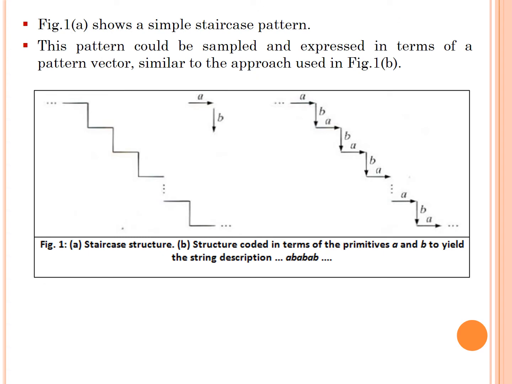Here, figure 1a shows a simple staircase pattern. This pattern could be sampled and expressed in terms of a pattern vector similar to the approach used in figure 1b. Figure 1a is the staircase, whereas figure 1b is the structure coded in terms of primitives a and b to yield the string description like ab, ab, ab and so on.